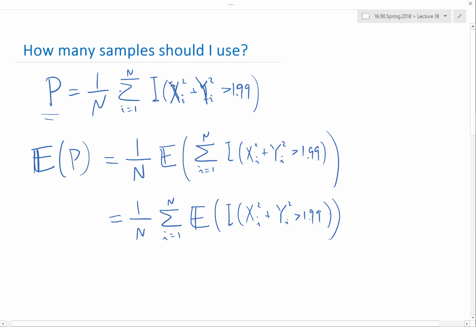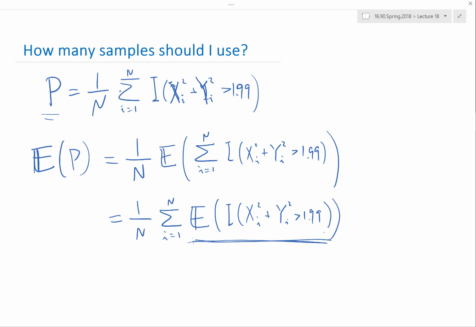Now, computing the expectation of a 2 million dimensional problem has been simplified using the linearity property into computing the expectation just over 2 dimensions, right? Because now a single expectation only involves 2 random numbers, xi and yi. So, what is that expectation? What is the expectation of an indicator random variable?